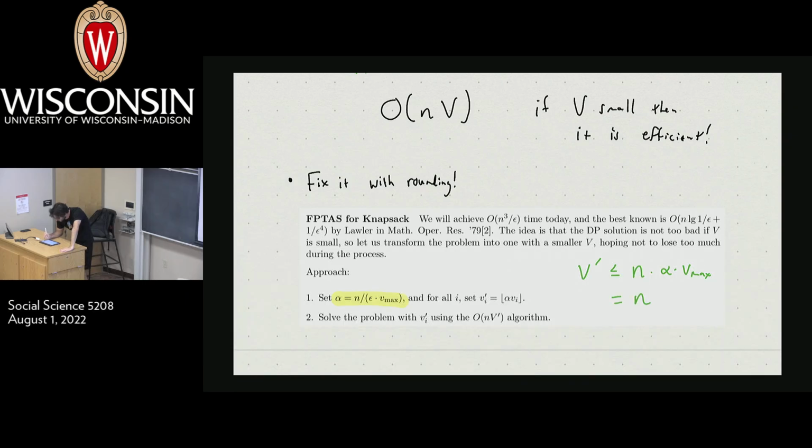So what's that? Well, alpha times the original max is just n over epsilon. So this is equal to n over epsilon, which equals n squared over epsilon. So the total running time is going to be O of n cubed over epsilon.